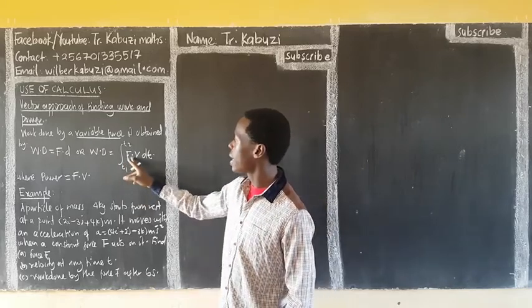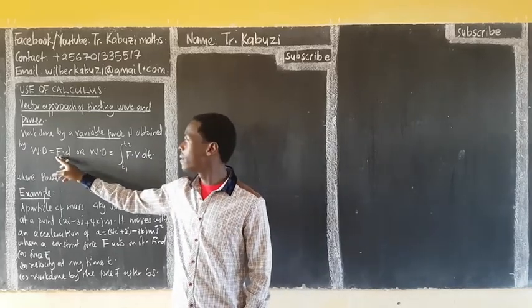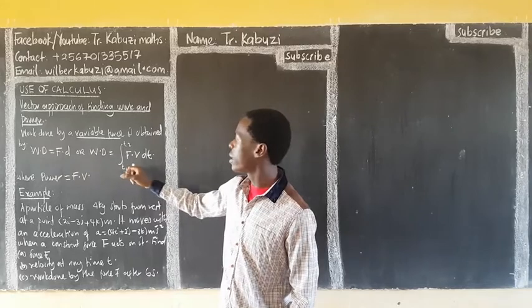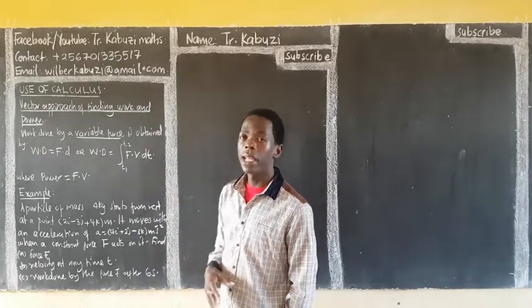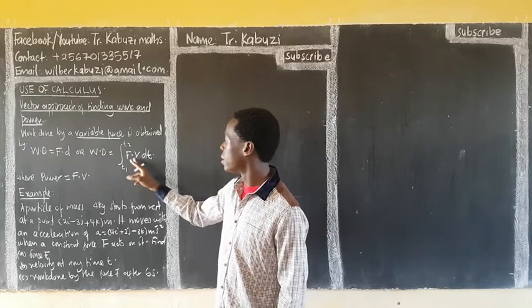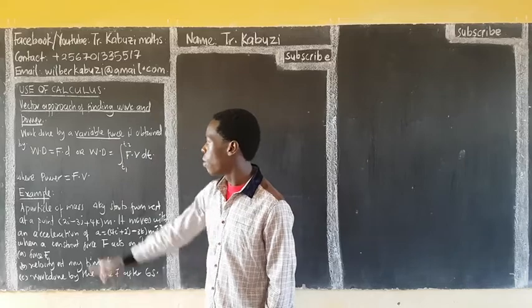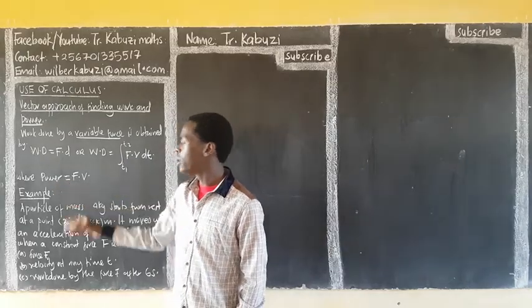So this is F times V. But if we just treat it like this, we get F times D. If you want to bring in time, that's when we'll have power. So we get the integral of F dot V from t1 up to t2, where power is equal to F V.